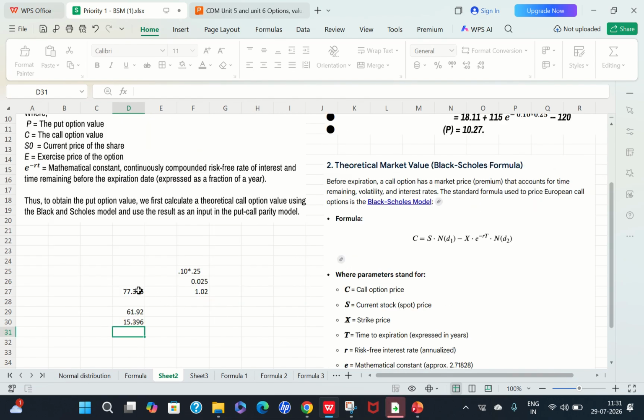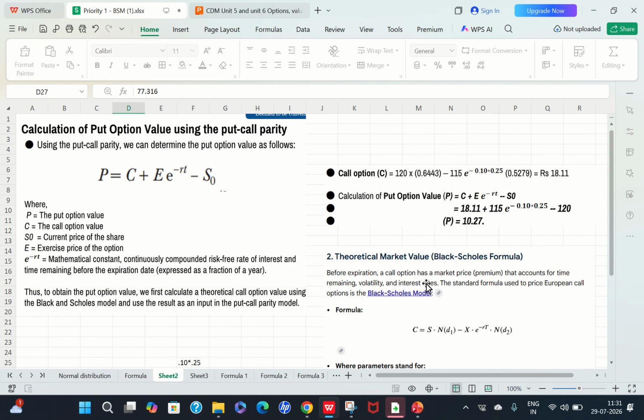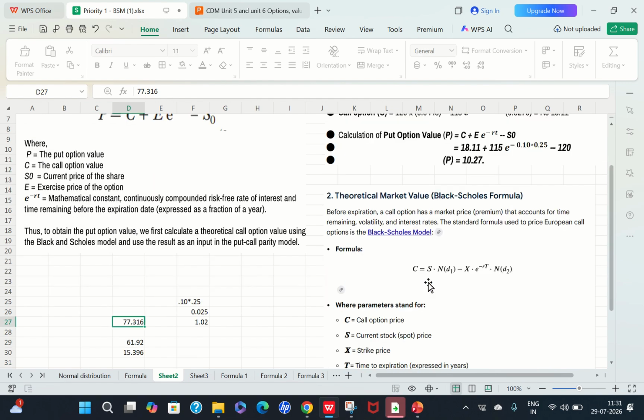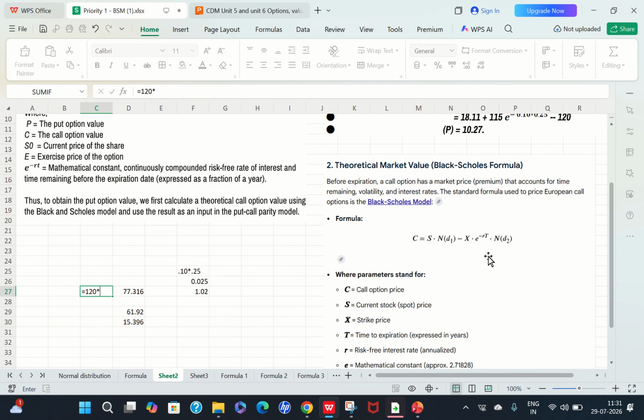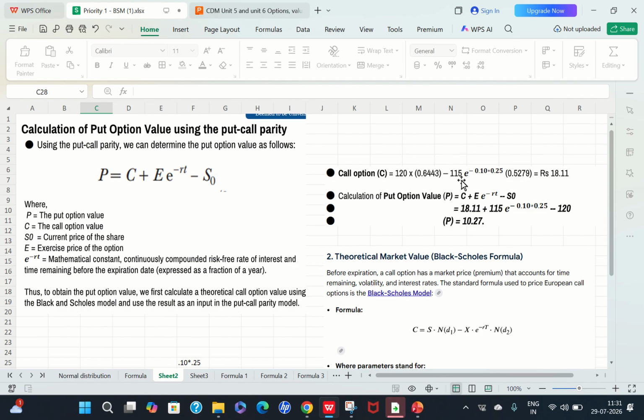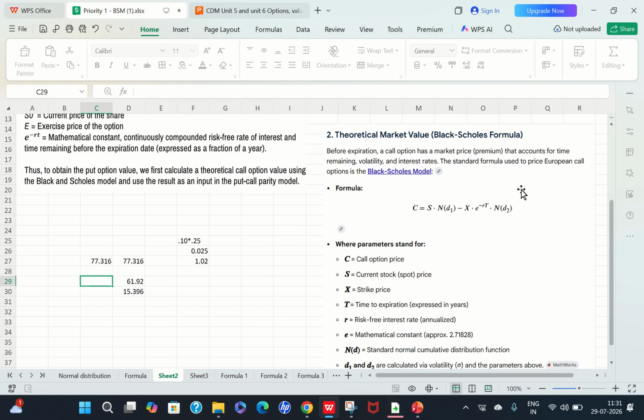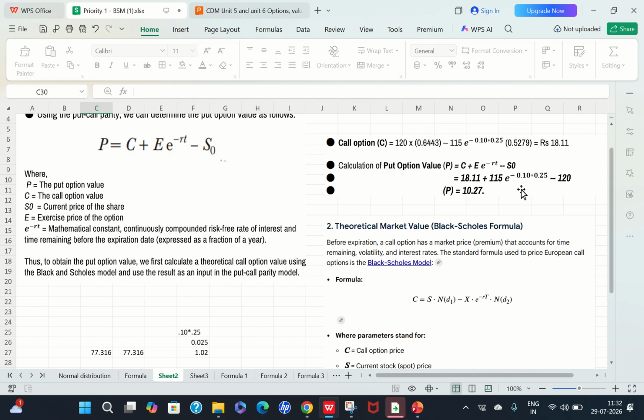So 120 into 0.6443, then 115 into 0.5279, that is 60.7085.